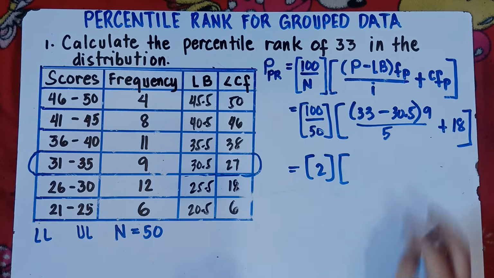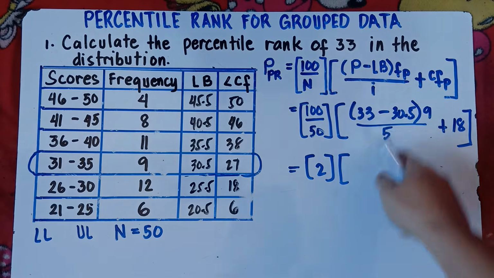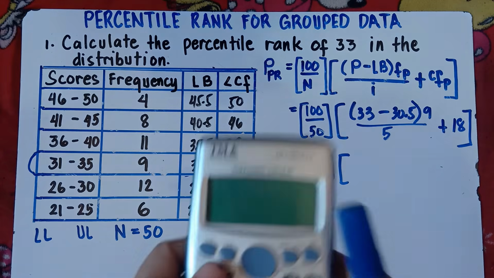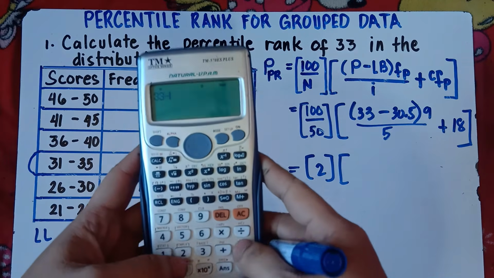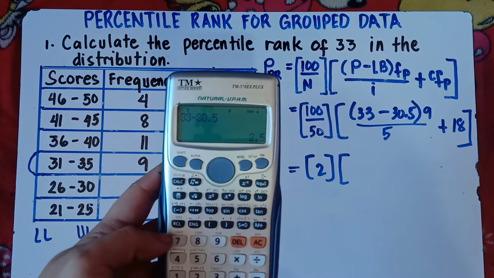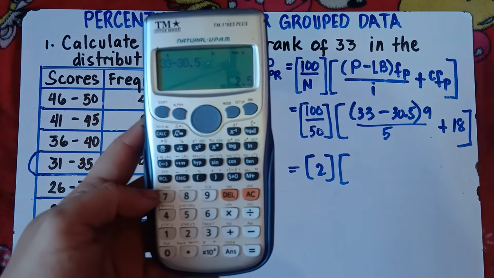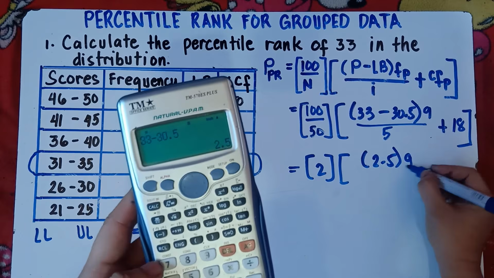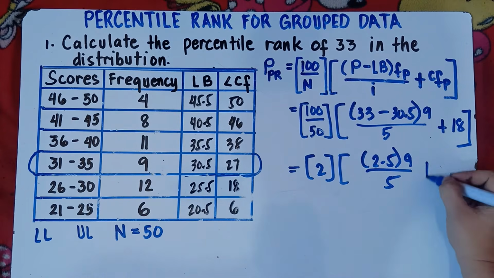Then bracket. Let's simplify the top first. So this will be 33 minus 30.5. Let's use the calculator. 33 minus 30.5 would be 2.5. So this is 2.5 times 9 divided by 5 plus 18.